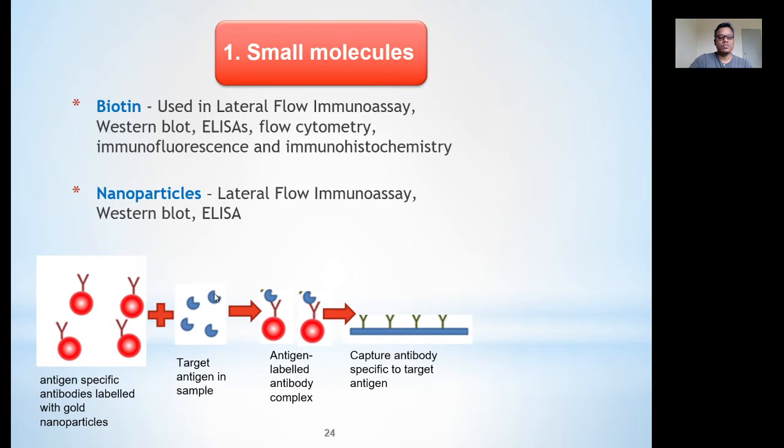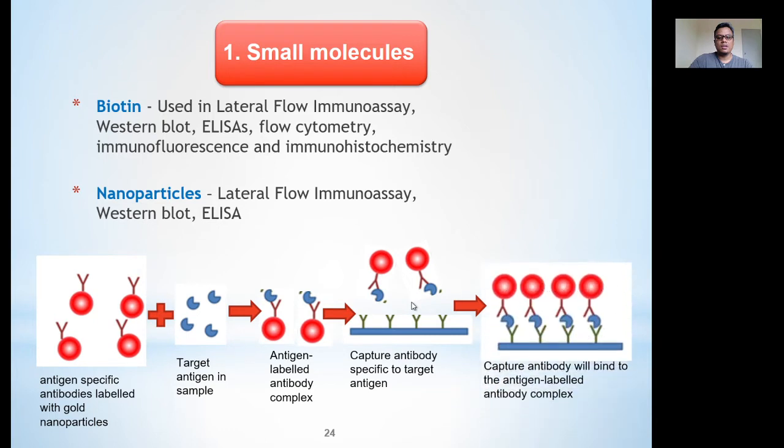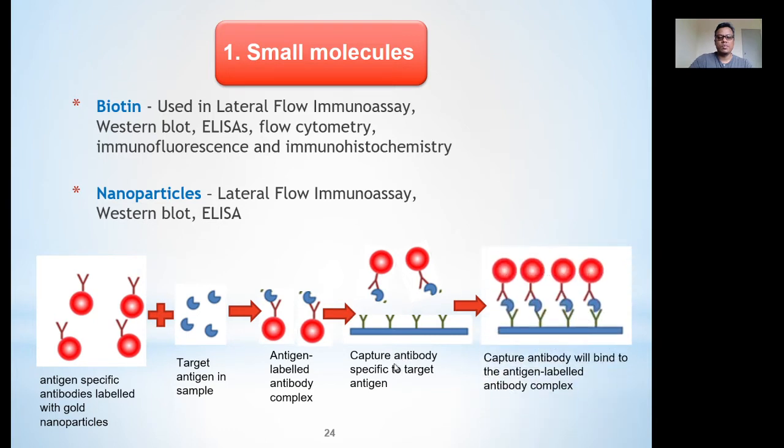So we have two types of antibodies looking for the same thing. First, the antibody carrying the label is specific to the target antigen, and second, the capture antibody is also looking for the target antigen. This complex will pass through the line of capture antibody and be captured, hence the name capture antibody. The capture antibody will bind to the antigen in the antigen-antibody complex, like a sandwich.